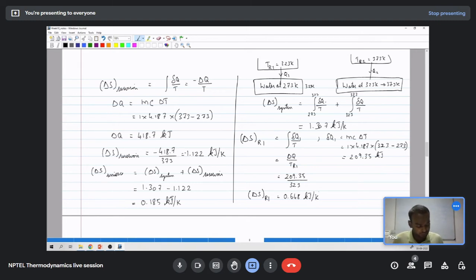Again, write it in the correct sign convention. Since the thermal reservoir is losing heat to the water, the change in entropy will be decreasing, so we will have a negative sign here. Write this del Q as negative and this S2 as negative.